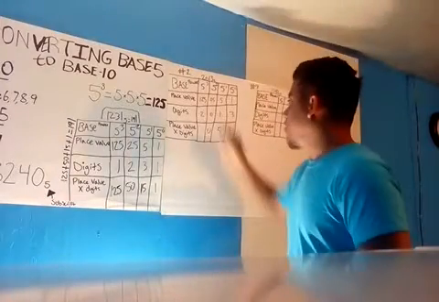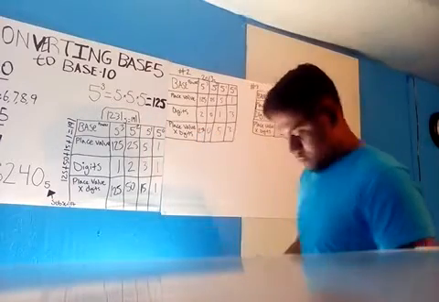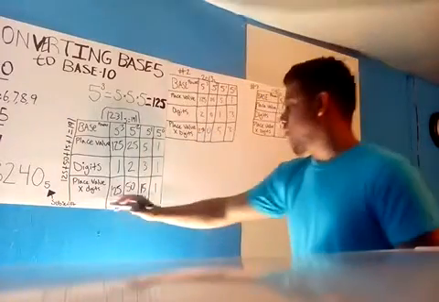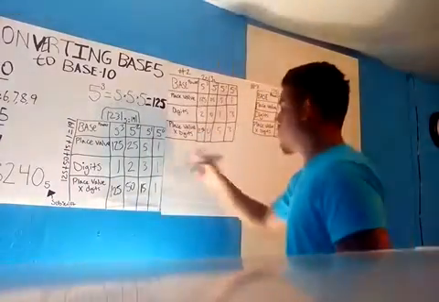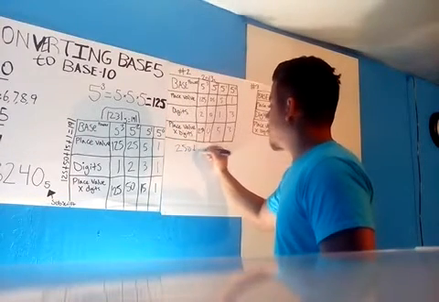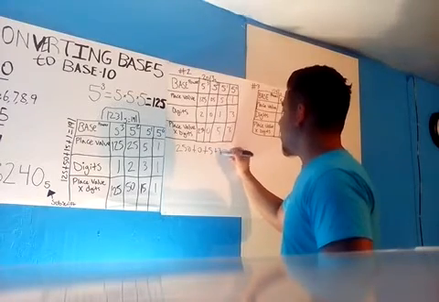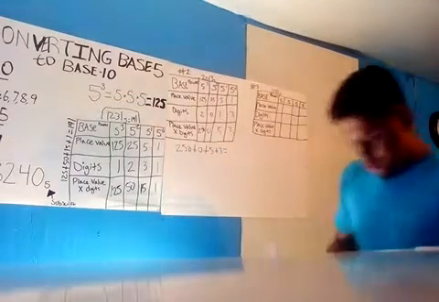So 125 times 2 is 250. And once again, like we did over here, we add up the last column together, so I'm going to do it right underneath, class. So 250 plus 0 plus 5 plus 3 equals what, class?